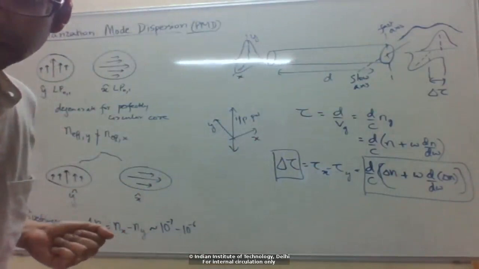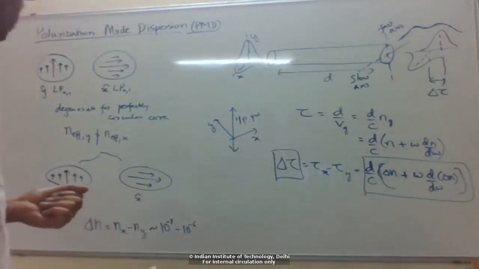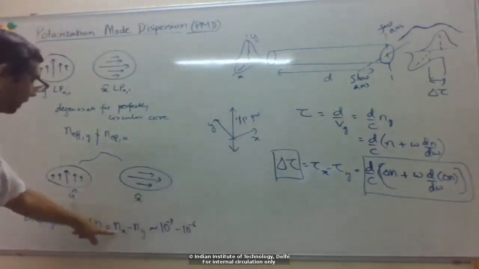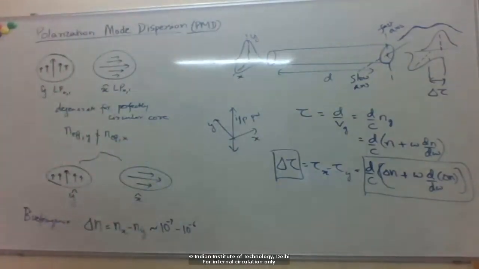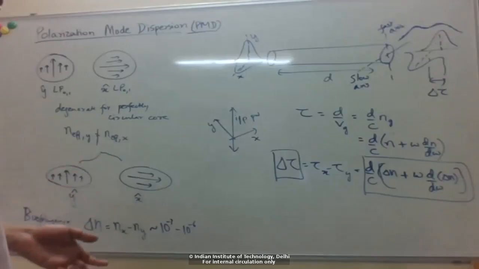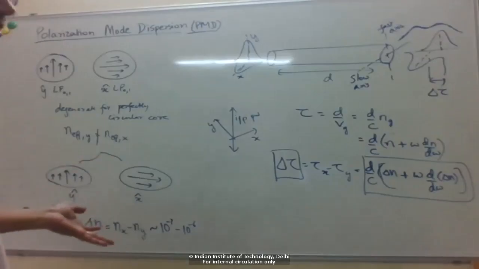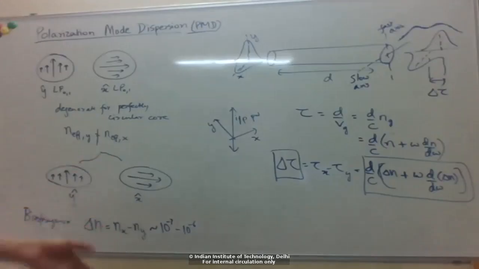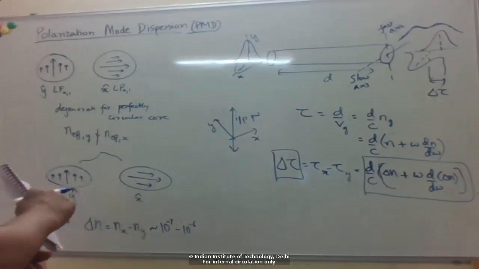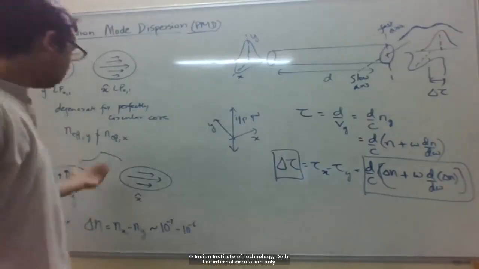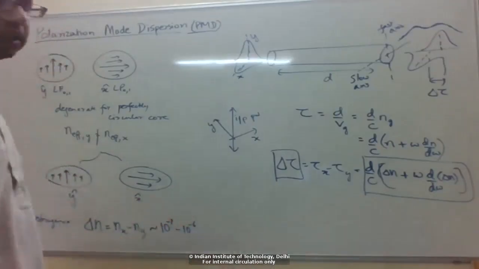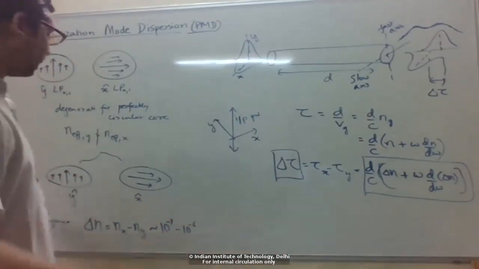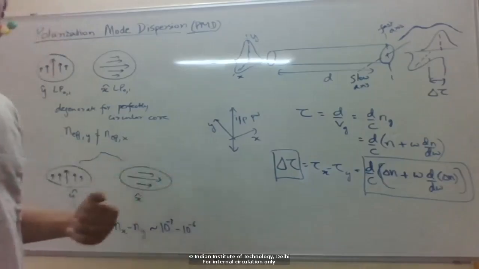Why is it that the x-axis is slow and y is fast? Because nx is higher, so c over nx is smaller. That's why we call it that. In this case, we just chose x to be slow; it's just convention. You could have taken the slow axis as y.